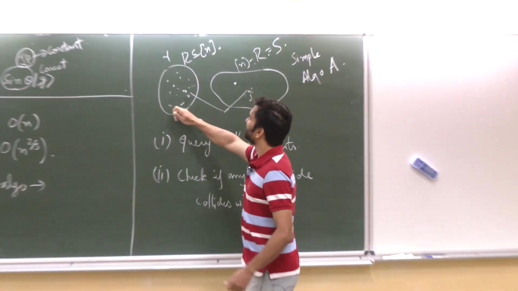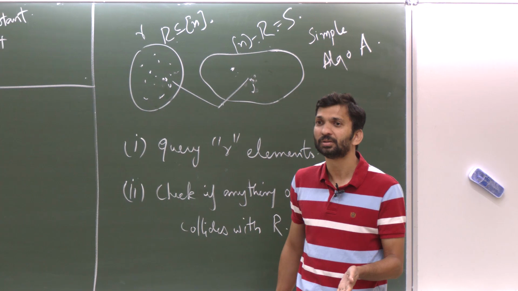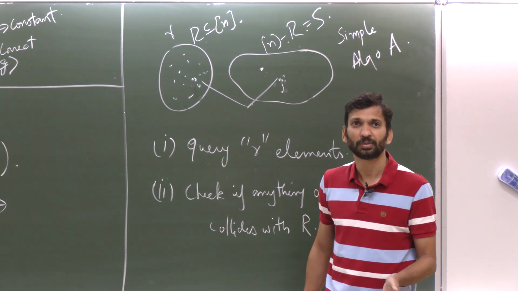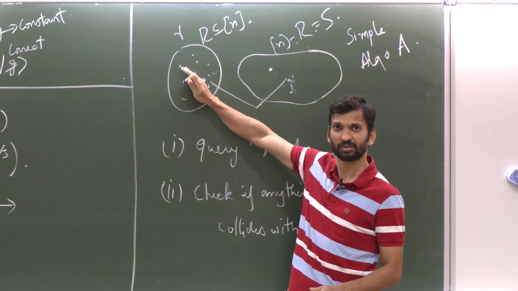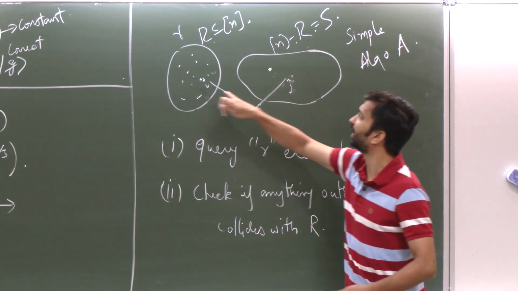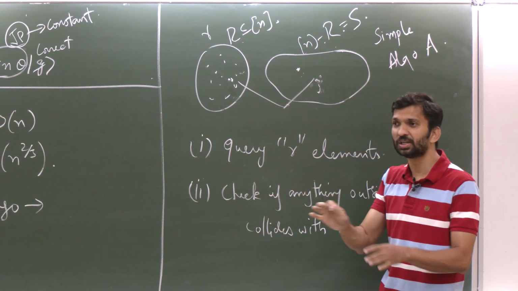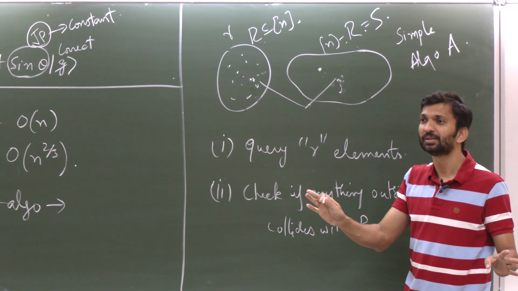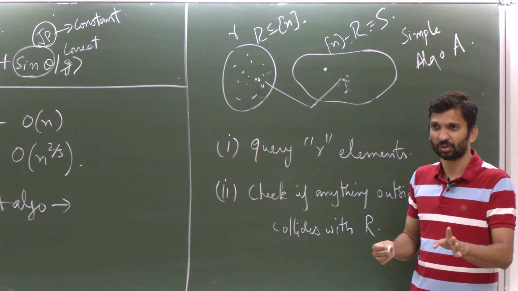If these R values were not available, then it would have been a difficult problem. But I have already queried everything here. Correct? Then if I want to check if j is marked, I just query this value and compare it with all the values. Comparing it with all the values here does not take any query. It takes some time, but we are counting only queries.